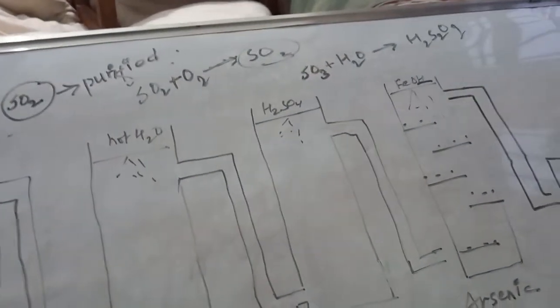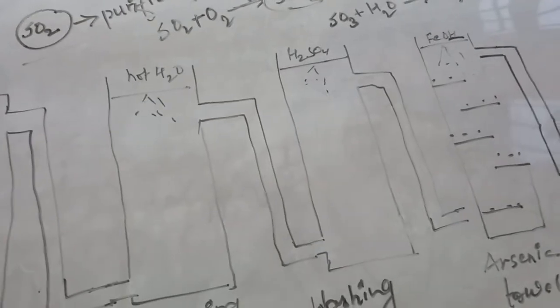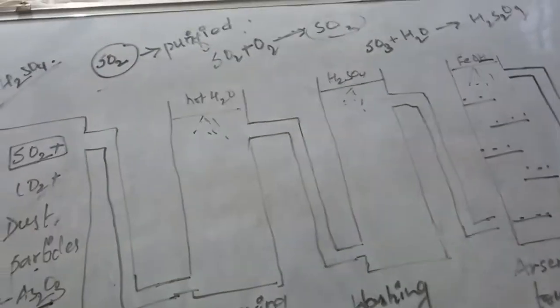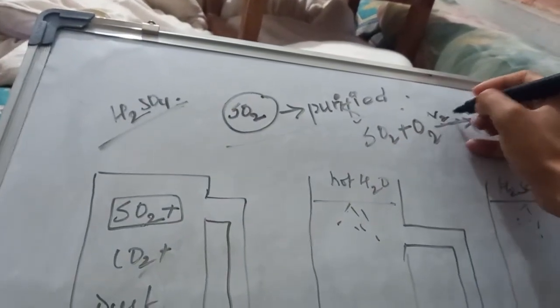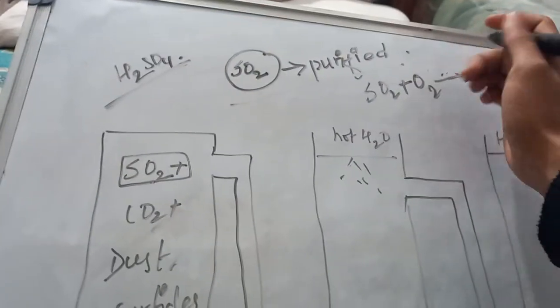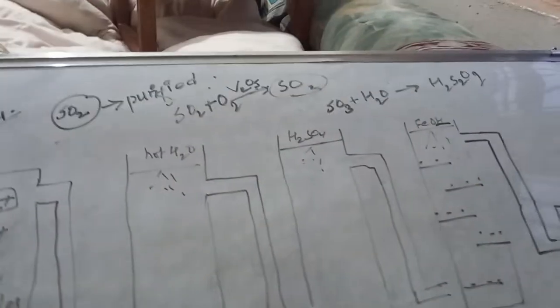In this process, SO2 plus O2, we use V2O5, vanadium pentoxide.